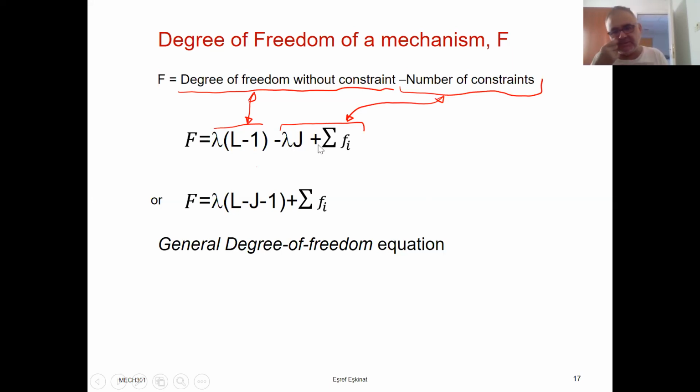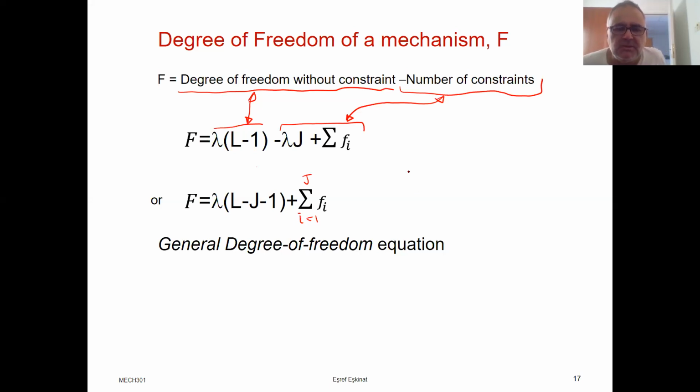So the degree of freedom of a mechanism is lambda, with lambda taken into common parentheses, lambda times L minus j minus 1, plus sigma fi, where i goes from 1 to j. J is the number of joints in the mechanism.